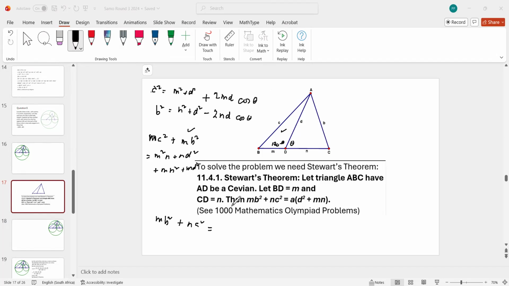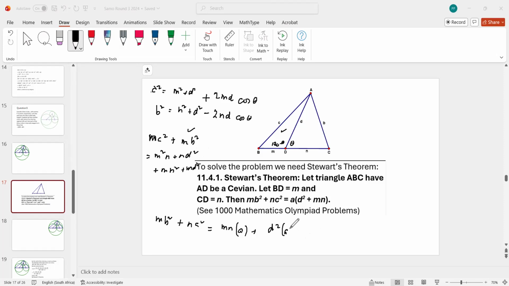Equals, now on the right-hand side, I can take out mn as a common factor. I get m plus n, which is a. And I also have d squared as a common factor, and once again the other factor is m plus n, from md squared plus nd squared.